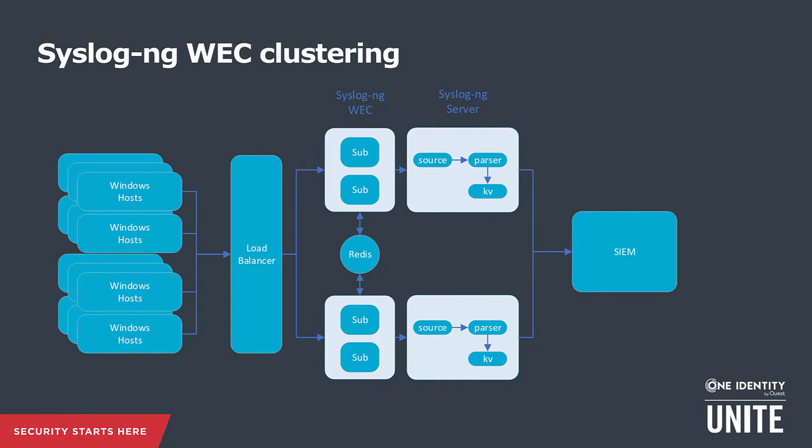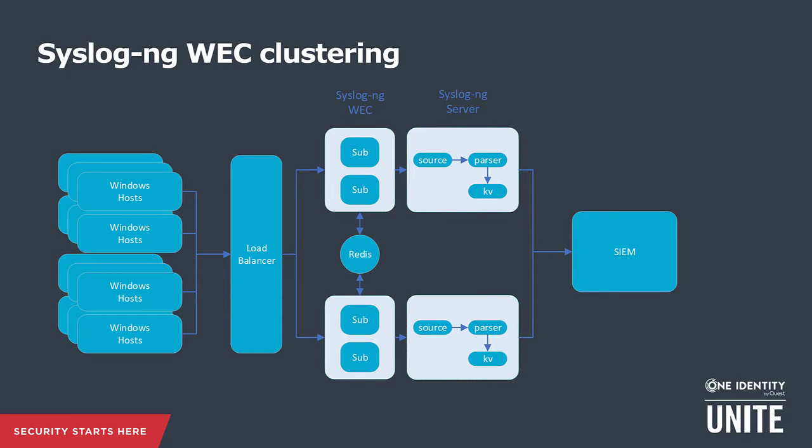What we ultimately need is something that can share the states between multiple WEC servers and also write them atomically. We can't afford allowing the backends to get out of sync, and this is where our new Windows Event Collector clustering enhancement comes in. So to make something like this happen, we've come up with a Redis-based solution. Well, what is Redis?